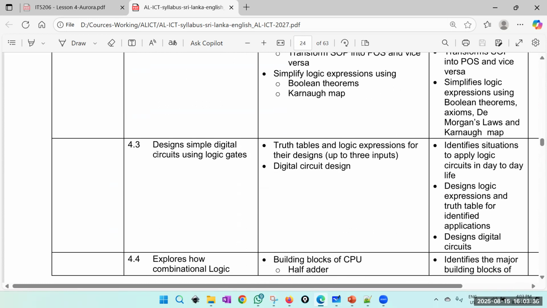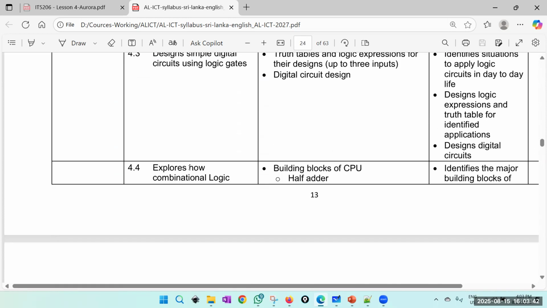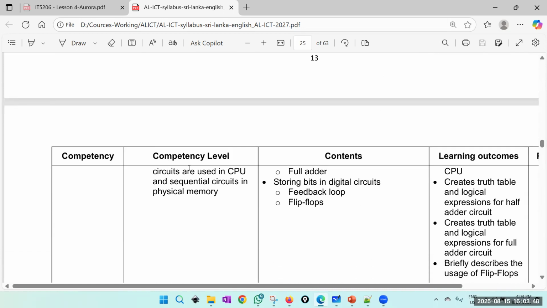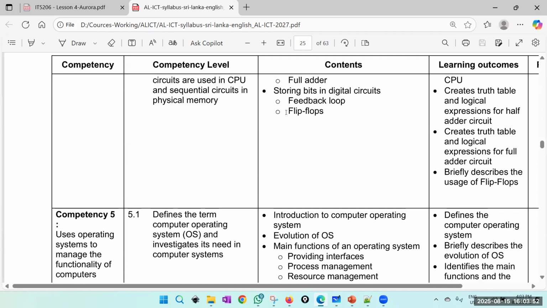And then designing simple digital circuits using logic gates. And then we look at some useful combinational circuit components and sequential circuit components like latches. So then your syllabus is over. These are the flip-flops and so on, the last sequential circuits, okay?